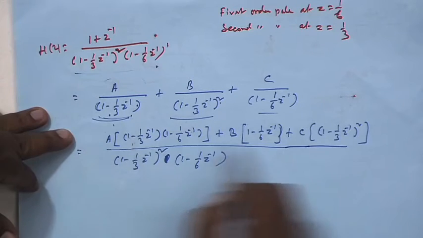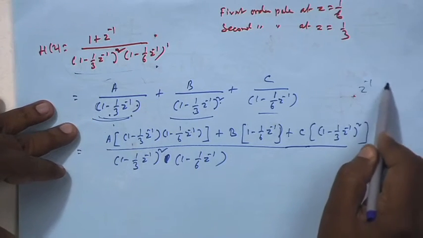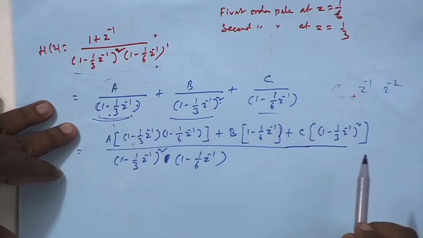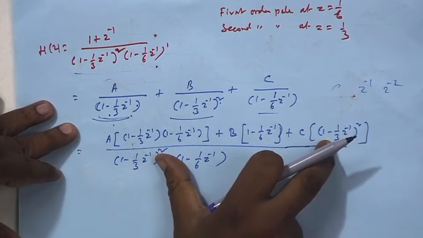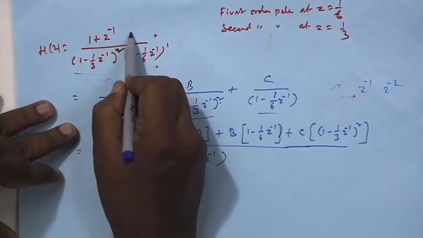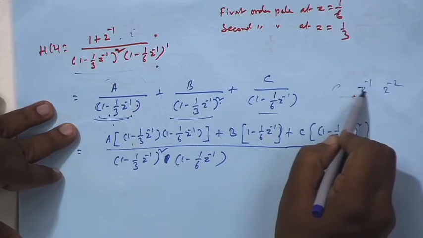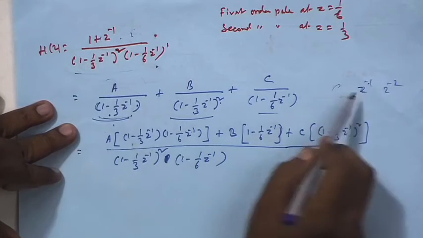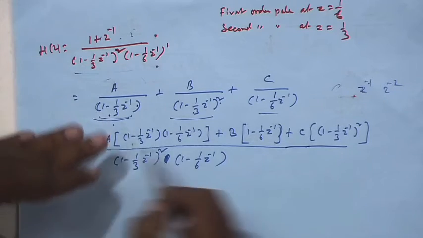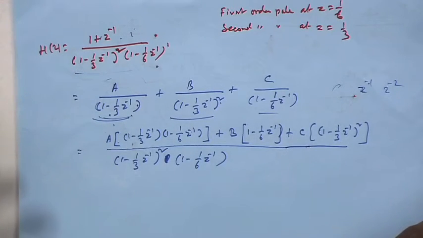So, overall it will be a polynomial where there will be z inverse terms, z inverse 2 terms, and constant terms present. That you can equate with 1 plus z inverse. So, here the z inverse 2 term is absent, the corresponding coefficient you equate to 0, the coefficient corresponding to z inverse you equate with 1, the constant you equate with 1, you solve for A, B, C, you get the coefficients, you have this expansion.